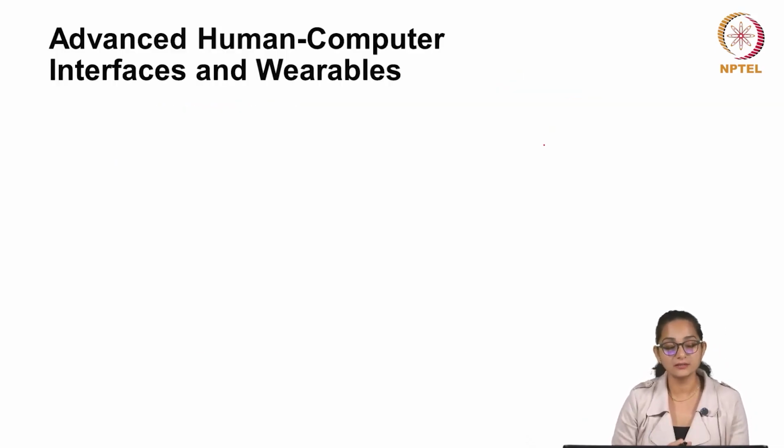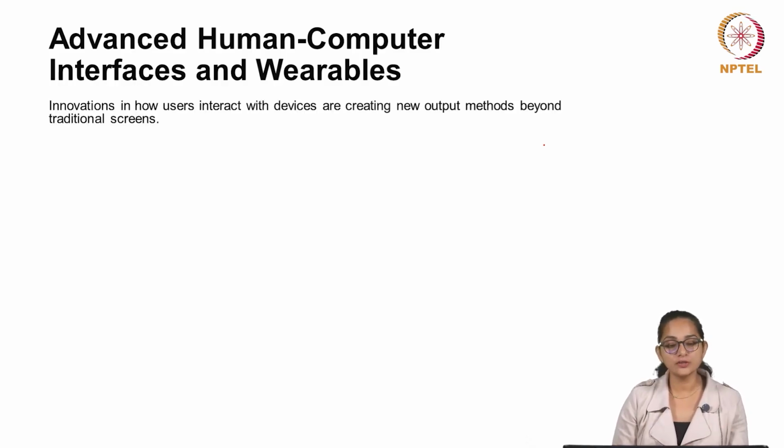Now, the third category of emerging input technologies is advanced human computer interfaces and wearables. So, innovations in how users interact with devices, creating new output methods beyond traditional screens, are happening at a very fast pace.